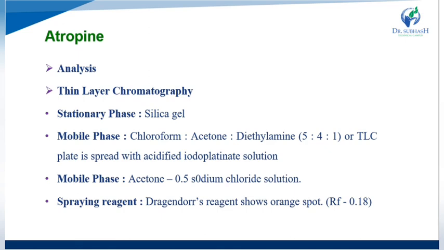Now we see the analysis method with TLC, thin layer chromatography. Here also we use a stationary phase of silica gel and a mobile phase of chloroform, acetone and diethylamine in the ratio 5, 4 and 1: 5 ml chloroform, 4 ml acetone and 1 ml diethylamine. The TLC plate is sprayed with acidified iodoplatinate solution. A second mobile phase is acetone plus 0.5 ml of sodium chloride solution.